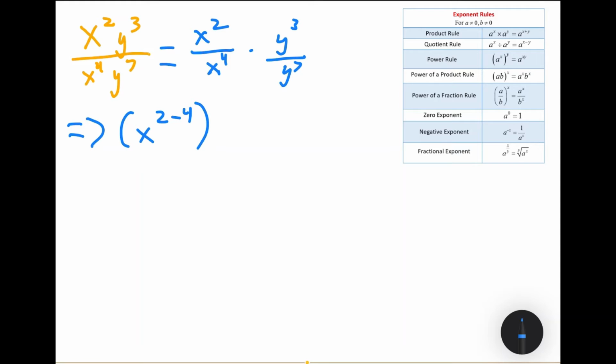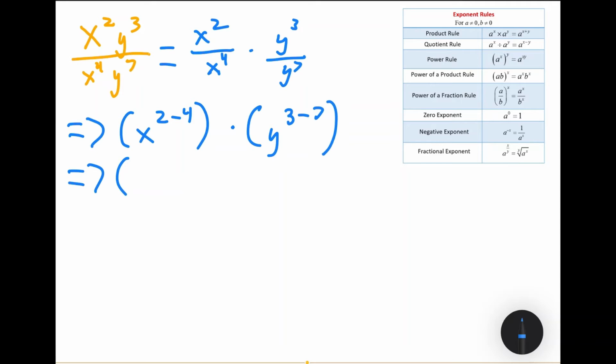And I'm going to do the same thing with my y variables. So I'm going to bring down my multiplication sign, and I'm going to go y raised to the 3 minus 7th power. So just right there, I've simplified this equation. But we can do it a little bit further and simplify the 2 minus 4 and the 3 minus 7 in our exponents.